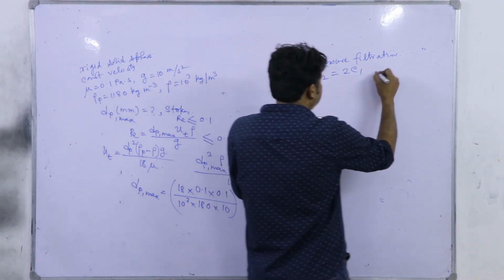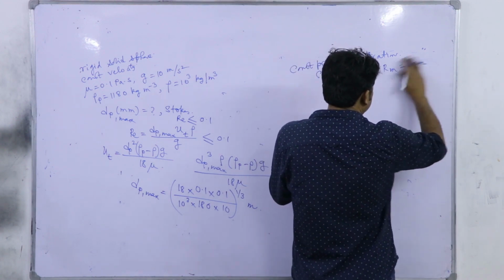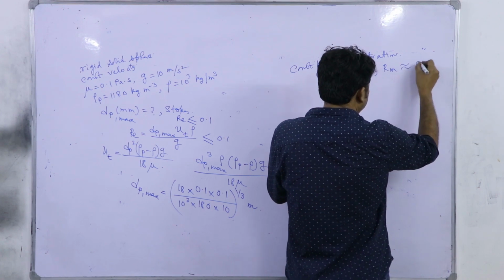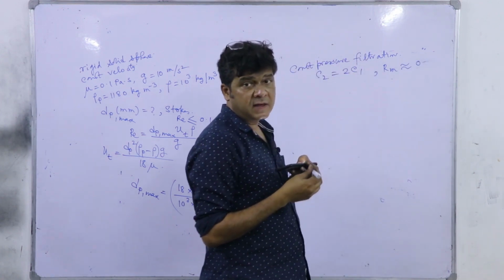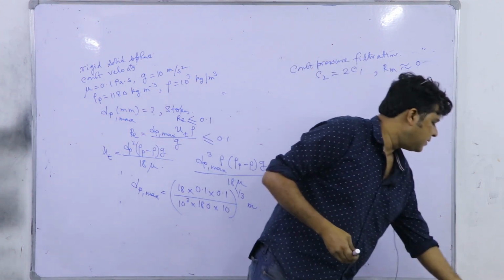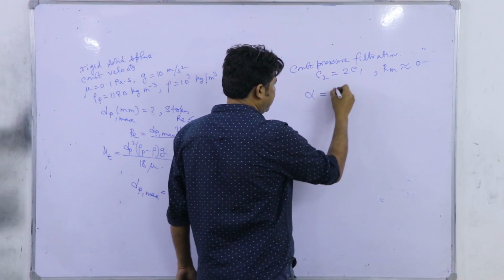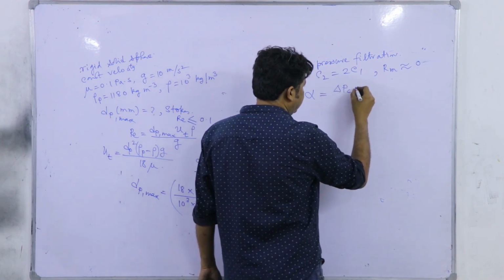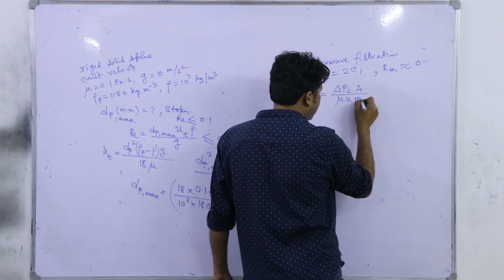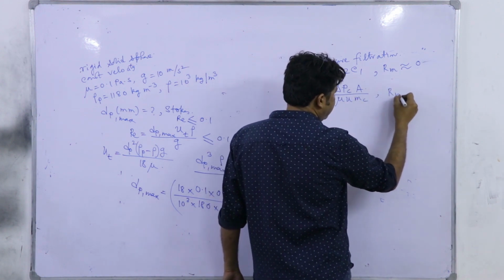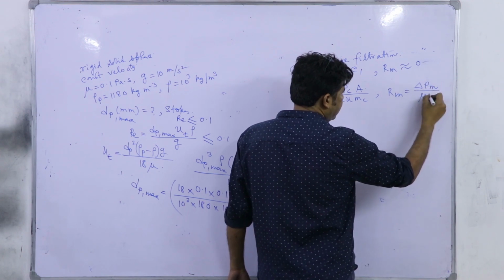Resistance of the filter medium is negligible, Rm is 0. The filtration time will be reduced by a factor. So you see here, again I remember only the definition of alpha: delta Pc into A divided by mu u mc, and Rm is equal to delta Pm divided by mu u.